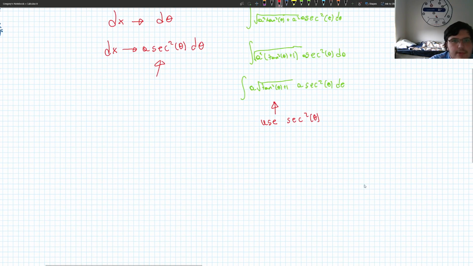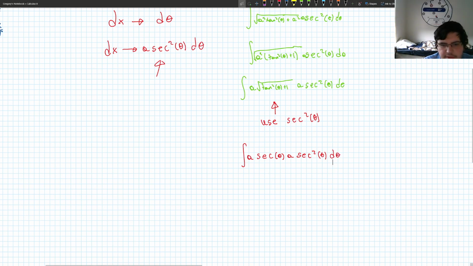So the final integral we're going to get is going to be a secant theta, a secant squared theta d theta.